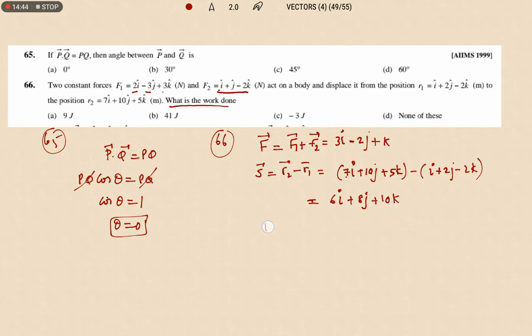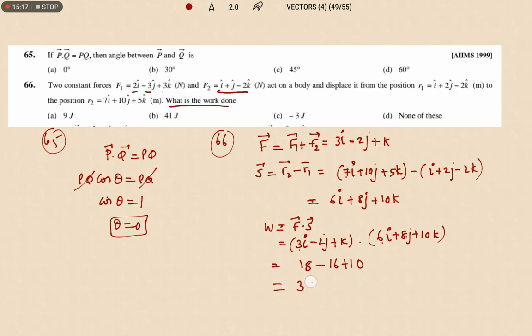They are asking for work done. So work done is equal to F bar dot s bar; the dot product between force and displacement vector gives work done. So force vector 3i minus 2j plus k dot 6i plus 8j plus 10k. So 6 3s are 18, minus 16, plus 10.